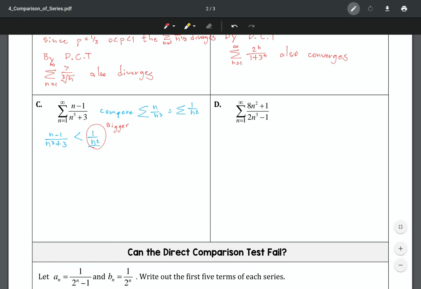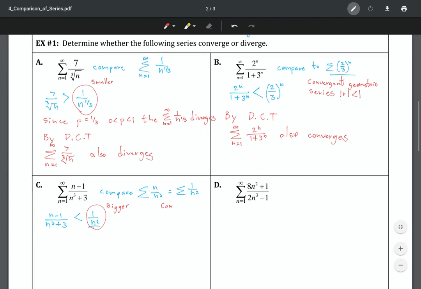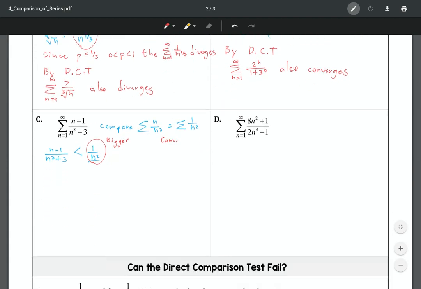Okay, so 1 over n squared, this is also a P series, okay? So this is convergent. Let's see, is what I'm telling you true? Yes. Convergent P series.